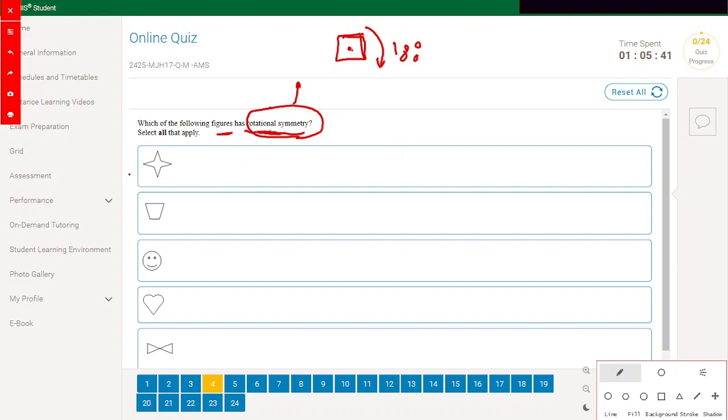So let's take this example, this shape. This is the center of this shape. Let's rotate this shape 180 degree. If I rotate this point 180 degree, so this is 90, 180, I will get the same shape, same figure. It will be like this.